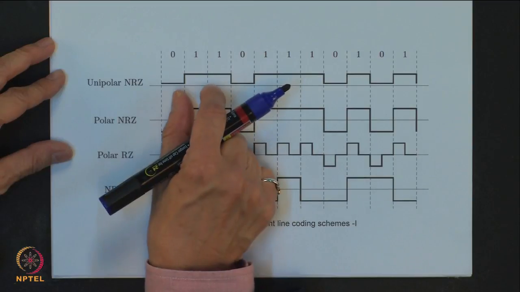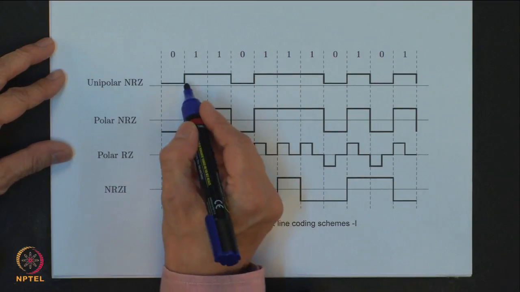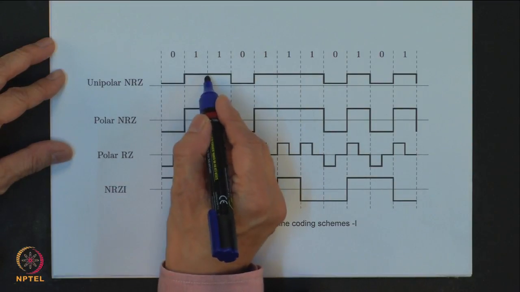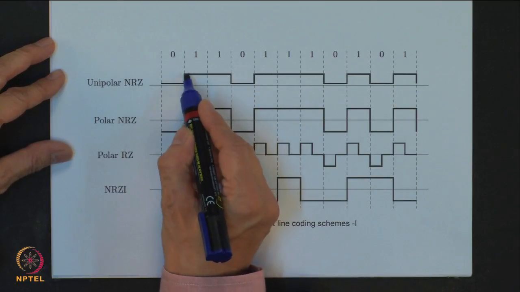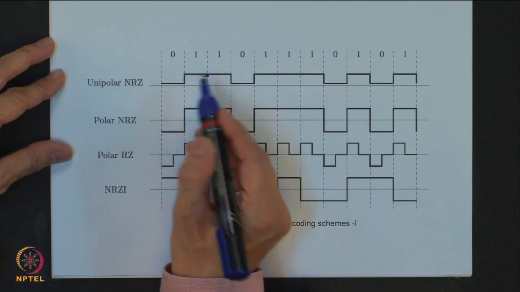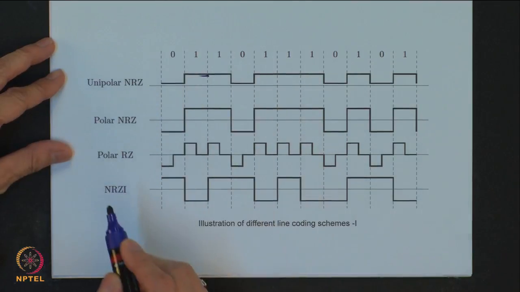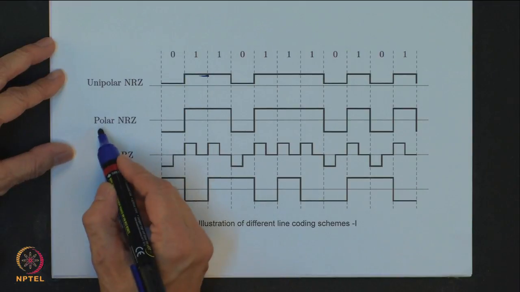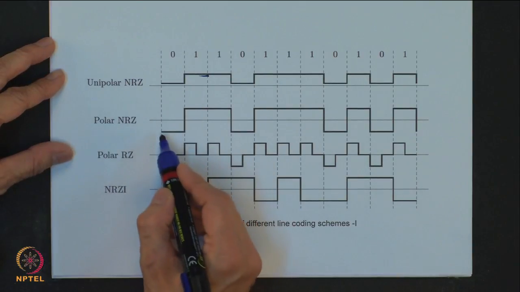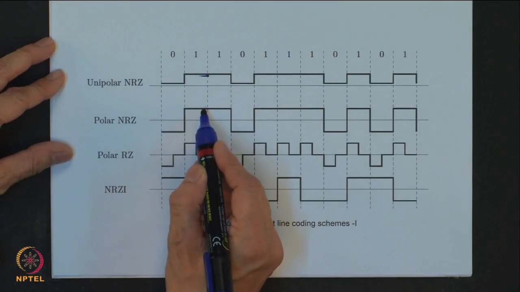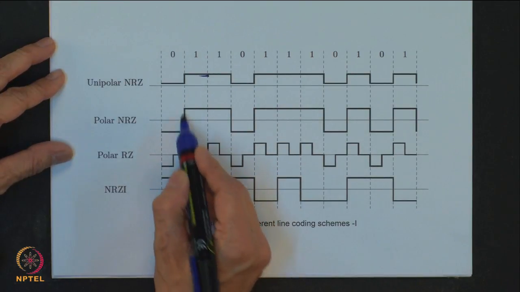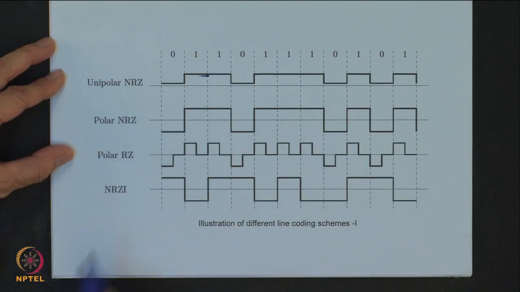If I use a rectangle pulse, then the rectangle pulse exists for the full duration of TB. In this case, for 1, I am transmitting the signal, so it will exist for the full duration out here. Here also it exists, correct. Similarly, for the polar case, for 0 I am transmitting minus A and for 1 I am transmitting plus A, but it exists for the full duration.